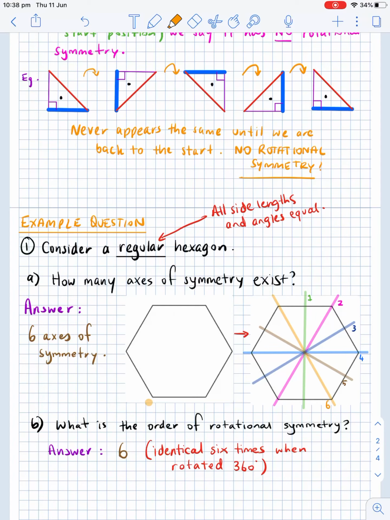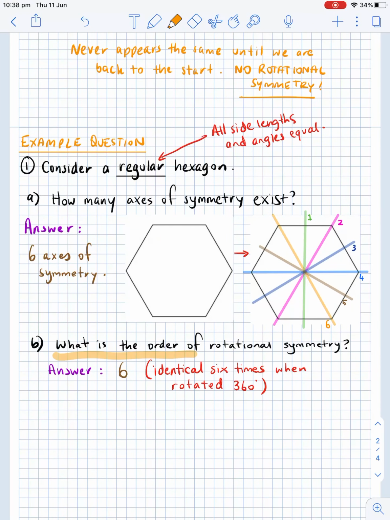You can do one here, and you get two perfect halves which are mirror images of each other. Another one here, here, here. You've got lots of them. If I show you all of them, there are 6 different lines: 1, 2, 3, 4, 5, 6. You don't want to count that one because I already counted it up here. So because there are 6 different lines that work, you've got 6 axes of symmetry as your answer.